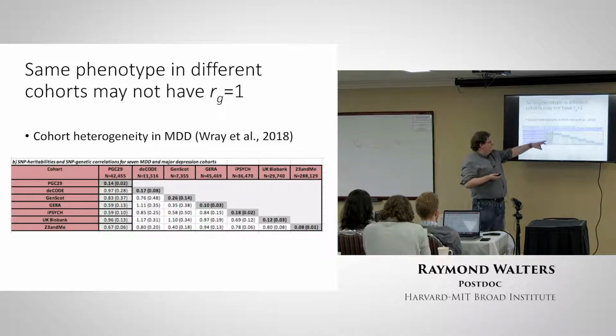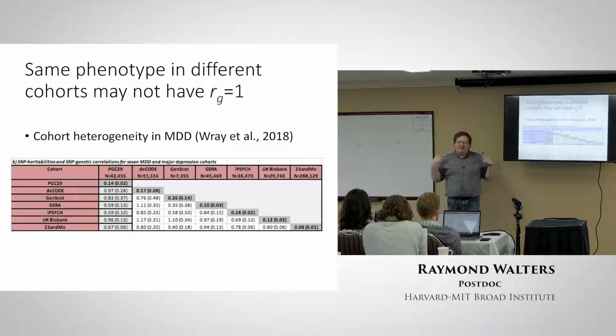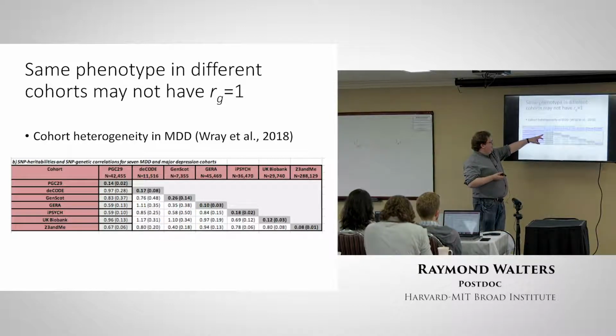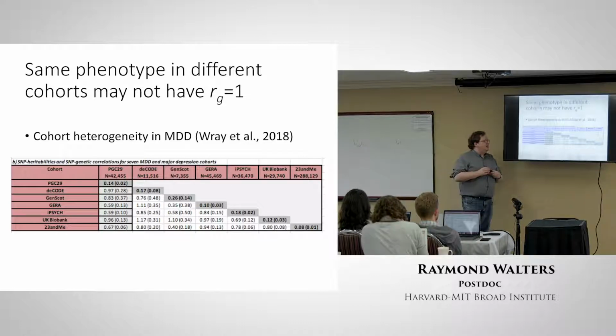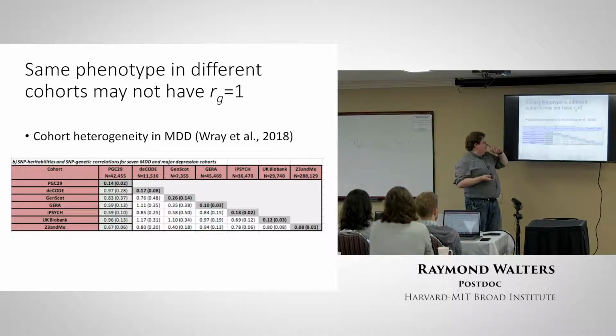For the main focus, this result out of the major depression group: the PGC-29 is their meta-analysis of 29 research-collected individual cohorts from across the PGC. And then they've looked at genetic correlations here with 6 other larger, mostly more biobank-ish cohorts, and see a range of correlations.